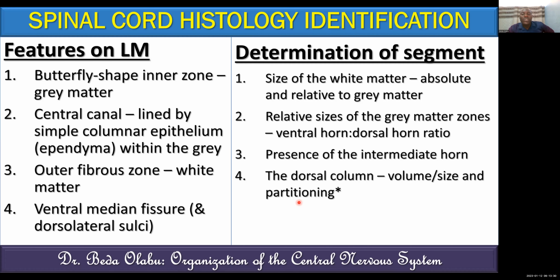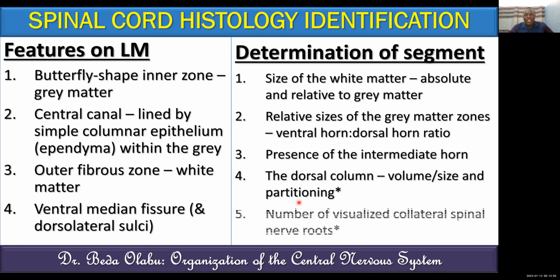But if the partitioning is not present, you cannot use this point as a determining factor. The absence of the partitioning does not necessarily mean that it's the lower part of the cord, because sometimes the partitioning is not prominent. But the presence of the partitioning definitely tells you that we have cuneatus and gracilis. I hope that's clear.